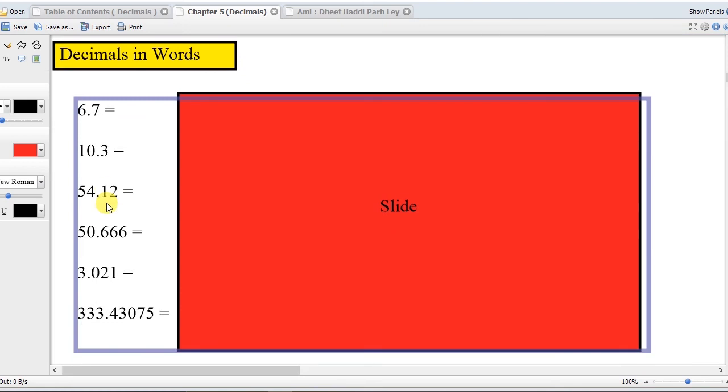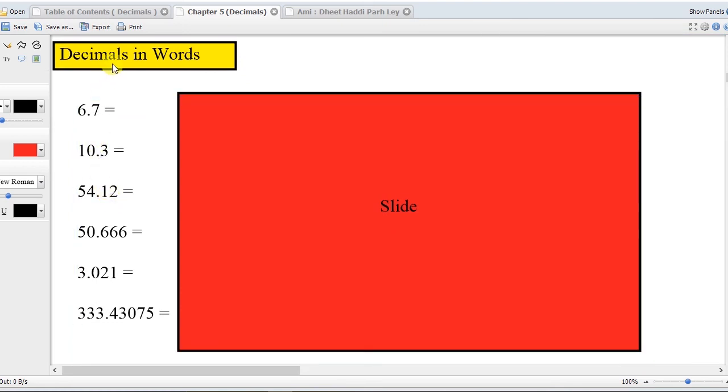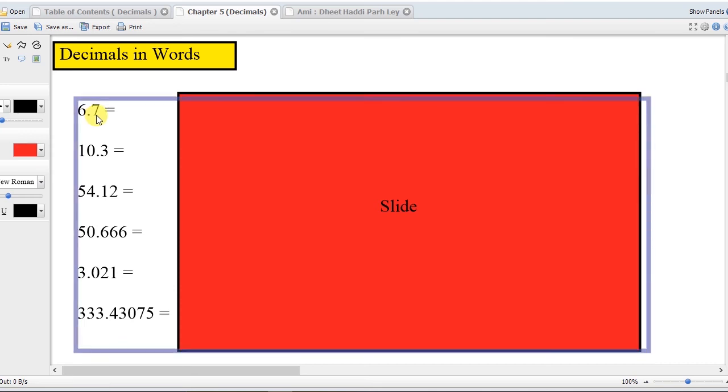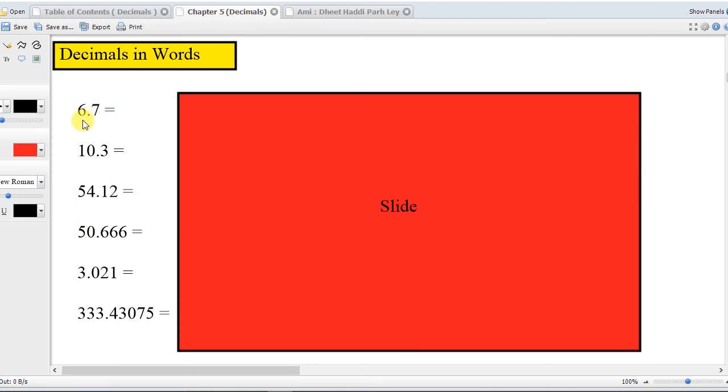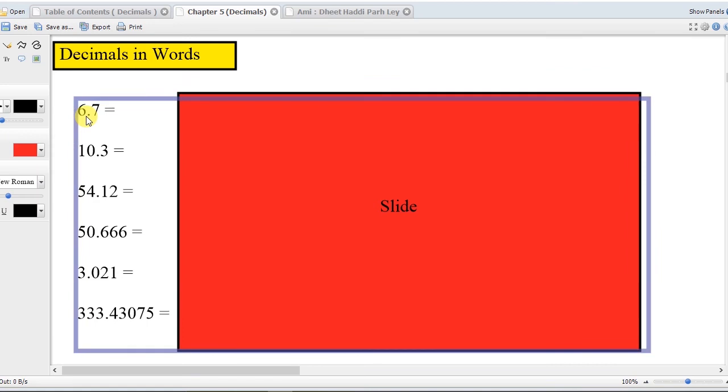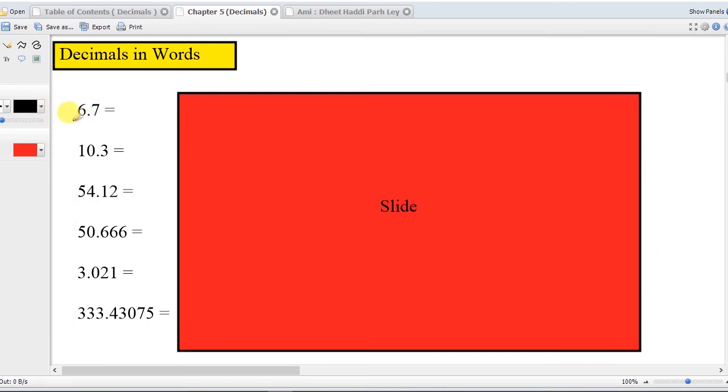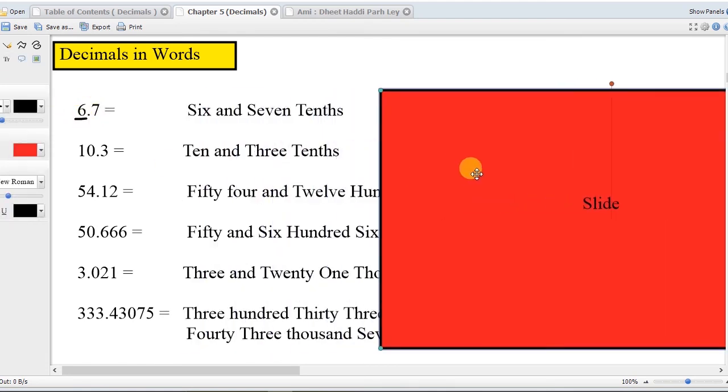Okay, now moving on to next, how to write decimals in words. So this is 6.7. We write it as 6 ones. The place value of this digit 6 is units, or 1. 6 ones and 7 tenths, right?